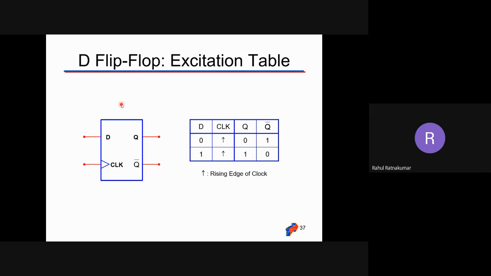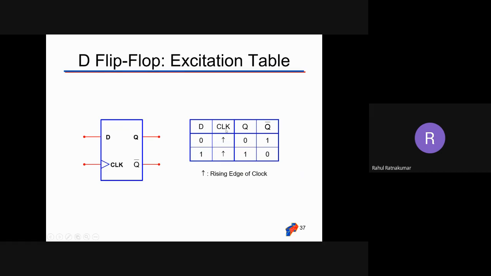D flip flop, we already know, is called transparent. Whatever D is goes to Q. So if D is 0, Q is 0. If D is 1, Q is 1. Okay, so we can say this is a flip flop.